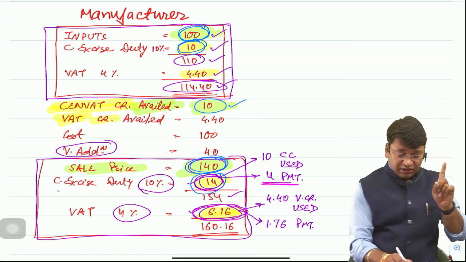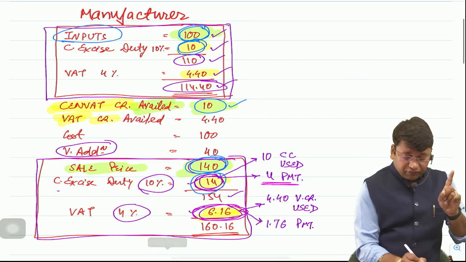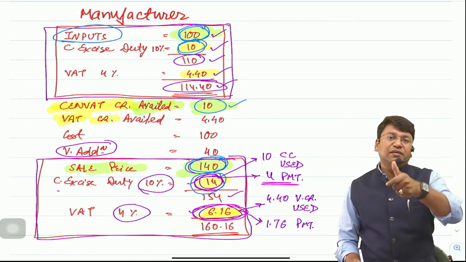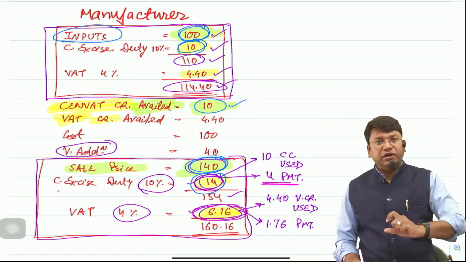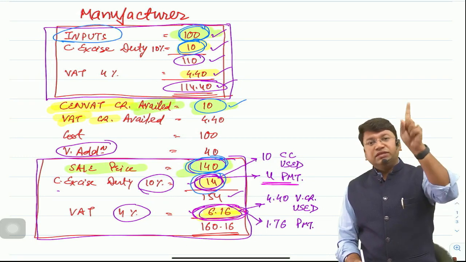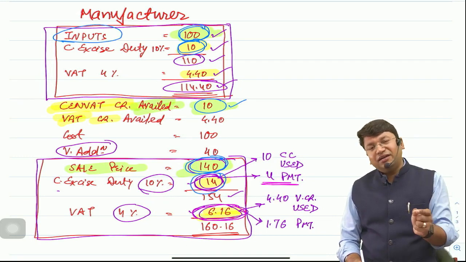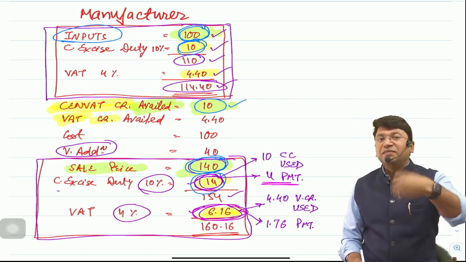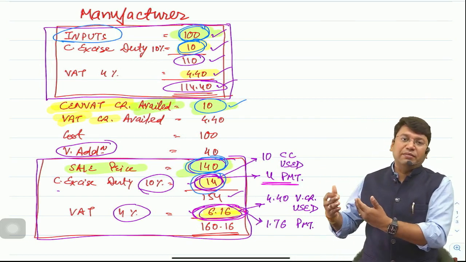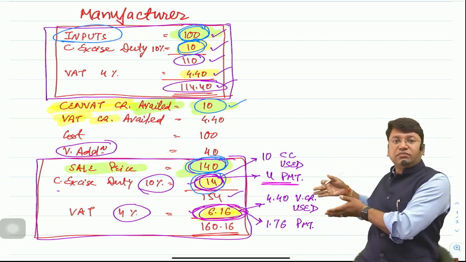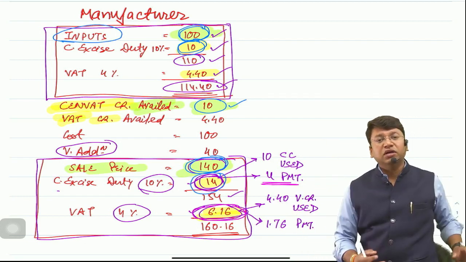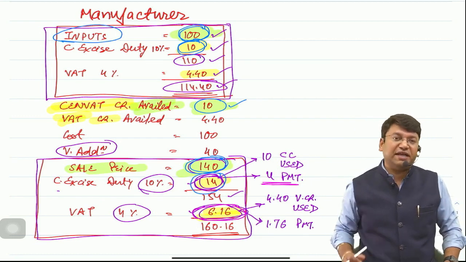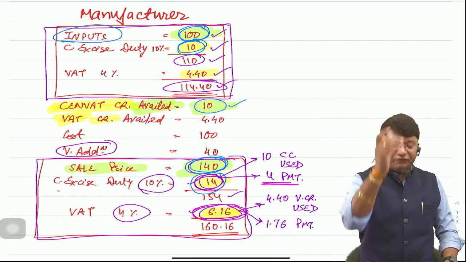Sir, tax on this 100 we have already paid, and again in sale price 140, 100 is included. So if credit is not allowed, then on 140 again tax will be charged. So on rupees 100 tax is being charged multiple times. Here in this example it is 2 times. If we increase the step by 1 more time, then 3 times, 4 times, 5 times. So it is better to say multiple times, multiple taxation. This is called multiple taxation and cascading effect.